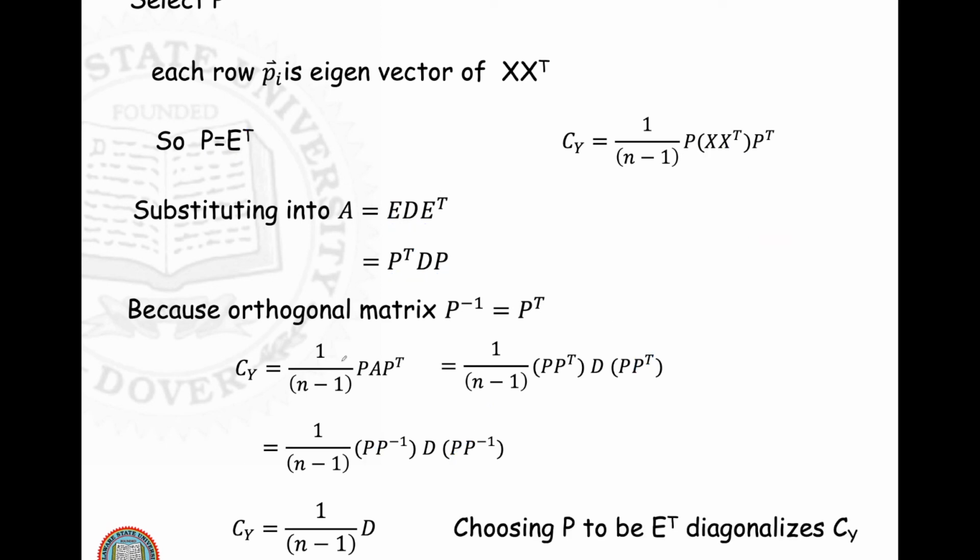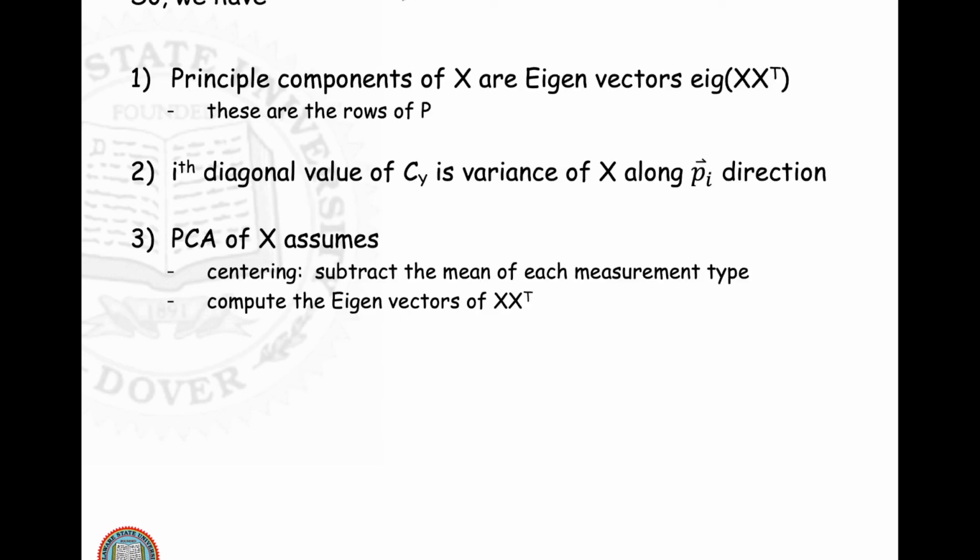Okay, so what does that say? It says, in order to choose the appropriate P, we have to set the rows of P to be the eigenvectors that diagonalize this covariance matrix in the new representation. So what do we have?